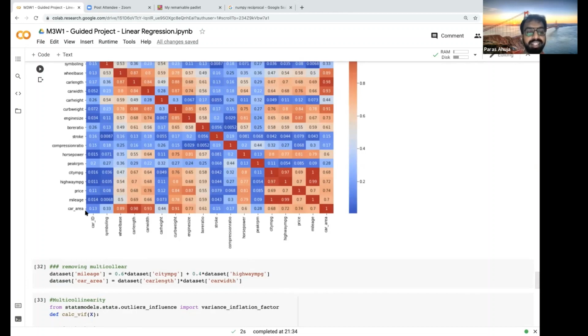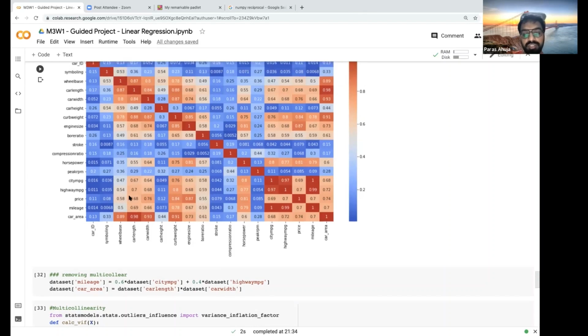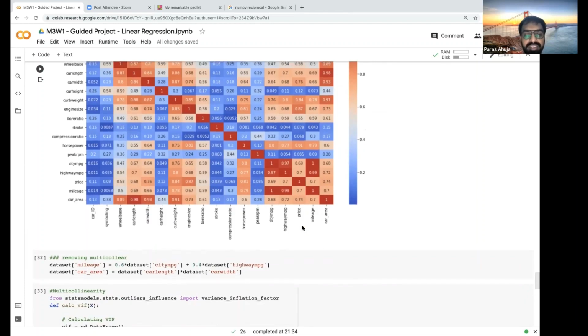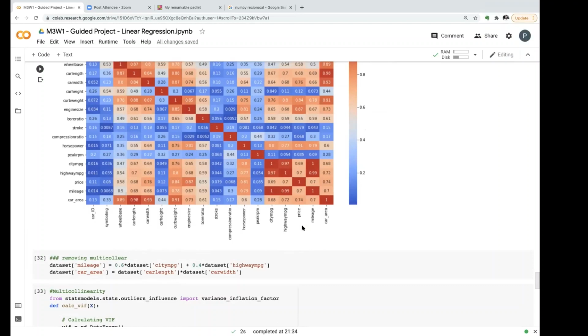We should ignore either of them. To check which one, we check their impact on the price values. Wheelbase has around 0.58 and car area has 0.74, right? So it is safe to remove the wheelbase from our VIF analysis. Am I clear? Yeah. Right.